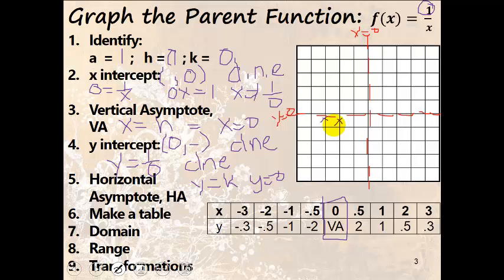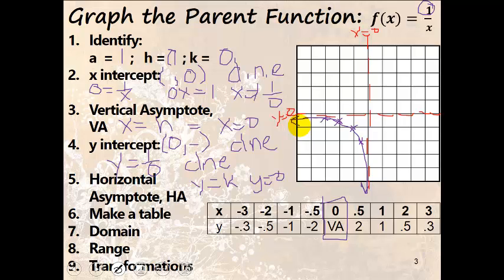And at -1, I'm at -1. Watch how this is curving down. And then if I plug in -0.5, I get -2. And the closer I get to plugging in 0, the closer it gets to the line x equals 0. So this is kind of like this, okay? It doesn't cross that red dotted line on either side, okay?